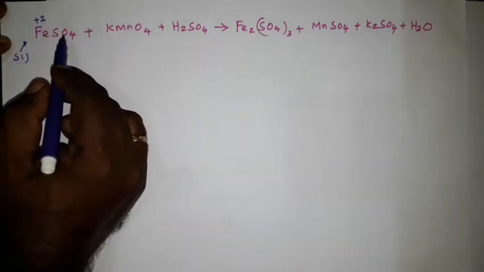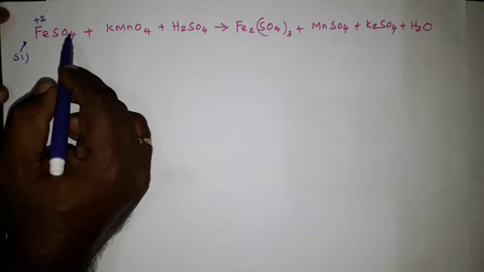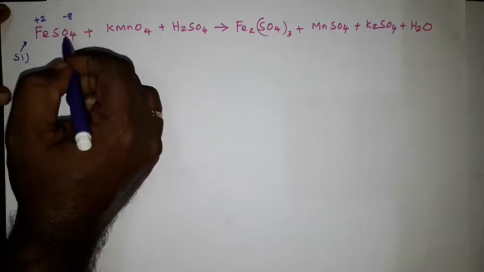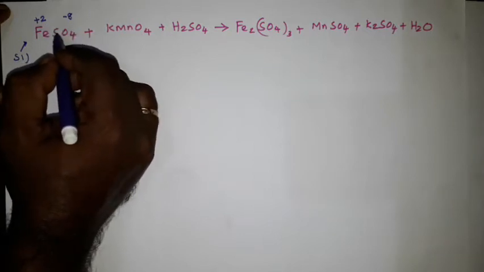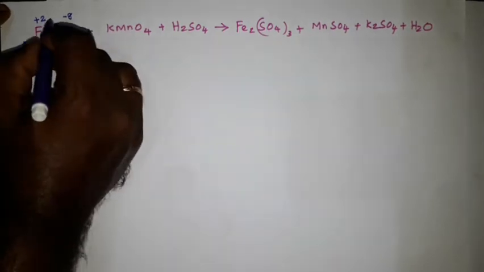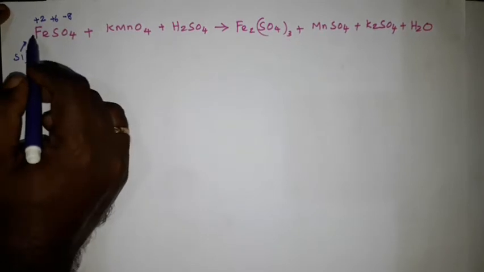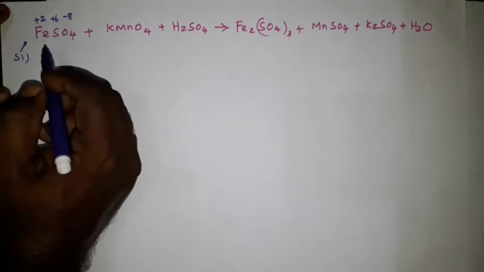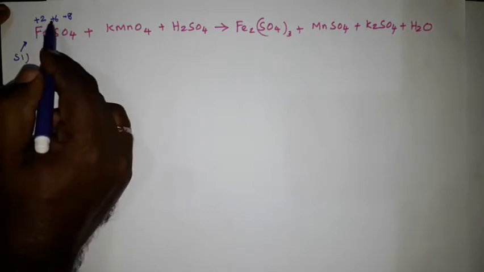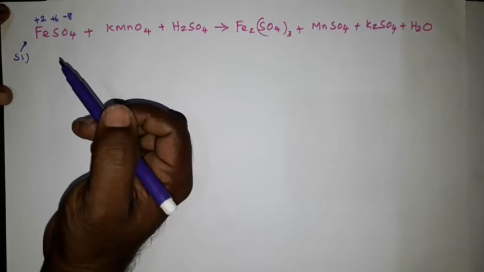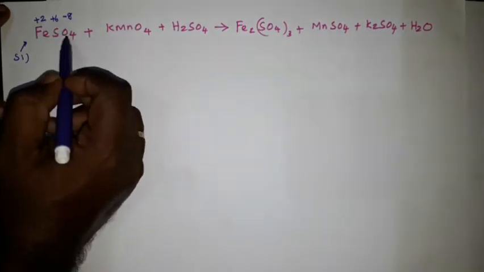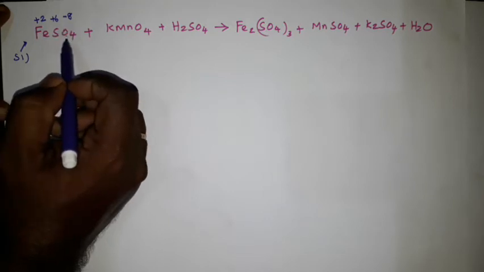Oxygen, for one oxygen, is minus 2. So 4 oxygen atoms is 4 into minus 2, minus 8. The remaining for sulfur, if you calculate, will come to plus 6. Now in FeSO4, the total oxidation number will be 0: plus 2 plus 6 minus 8 becomes 0. So Fe plus 2, sulfur plus 6, oxygen minus 8 because 4 oxygen atoms are here.